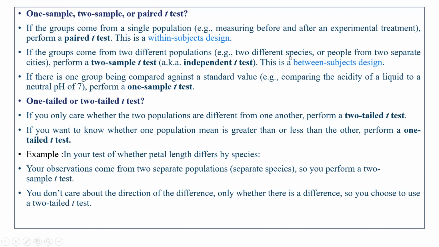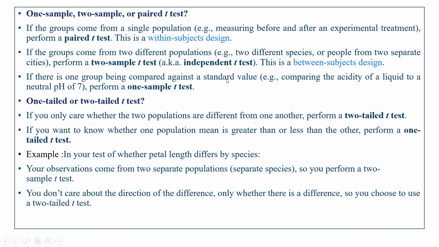If you are taking measurement of the experiment before and after, you must do paired t-test. If it is between the subject group, then you should do two sample t-test. And if you are just comparing against a standard value, then you should do one sample t-test.